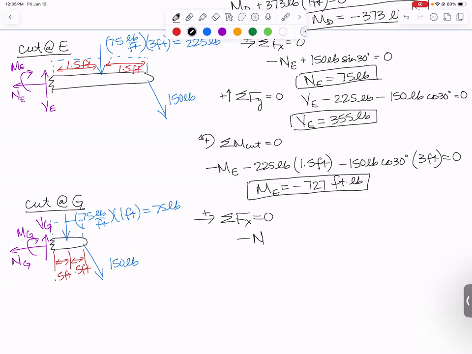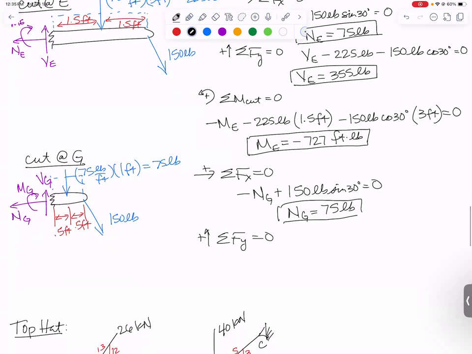We've got minus NG plus 150 pounds sine 30 equals 0. So NG is also 75 pounds. Then if we sum forces in the Y, picking an overall summation sign convention, we've got VG minus 150 cosine of 30 and minus our 75 pounds equals 0. So VG comes out to be 205 pounds.